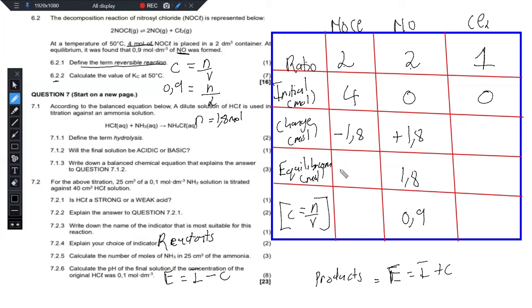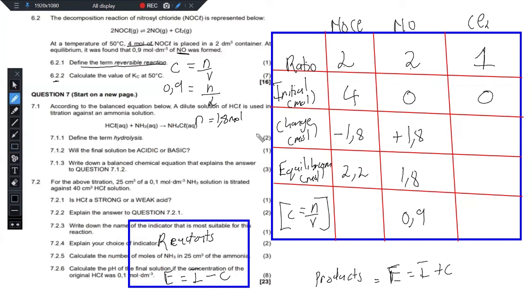So now we can get the ones at equilibrium by saying 4 minus 1.8, which should give us 2.2. So it's very crucial that you understand this. If the forward reaction is favored, on the reactants, if you want to find the ones at equilibrium, take the initial minus the change.